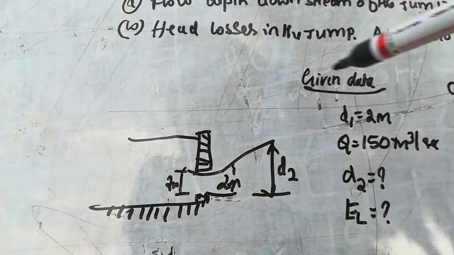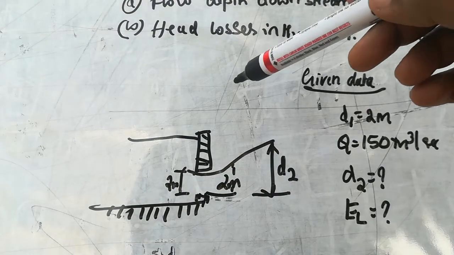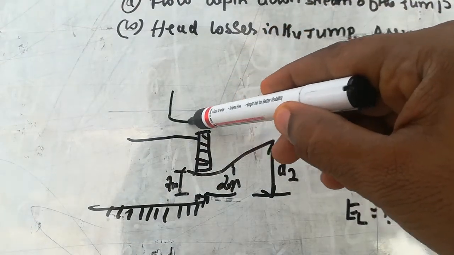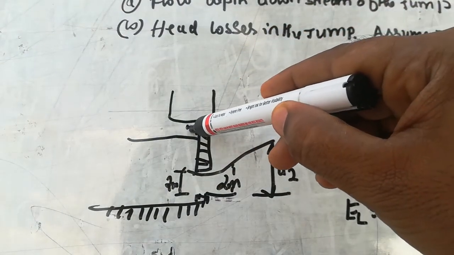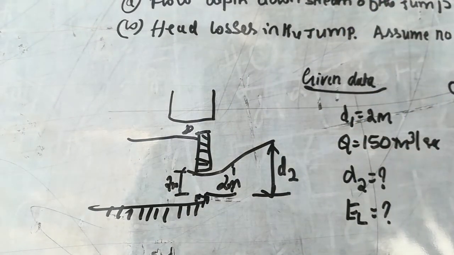Here they have not specified which channel, so you can write it as a rectangular channel. The width b is specified: the hydraulic jump is located in a 5 meter wide outlet.